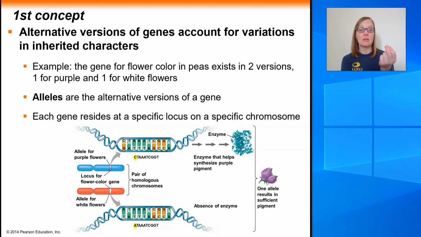He thought that there was a gene or discrete heritable unit for each of the 2 versions, 1 gene for purple flowers and 1 gene for white flowers. When we have a gene that exists in different versions, we call these different versions of a gene alleles. We're going to be using this term a lot. So an allele is a different version of the same gene.